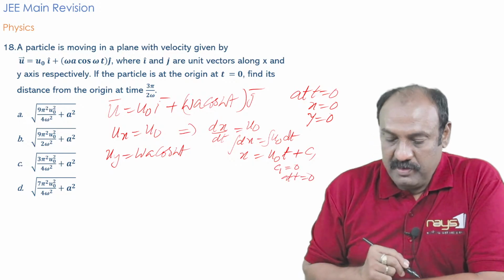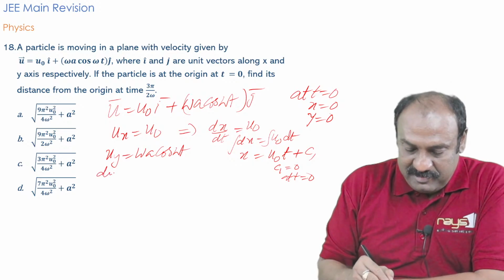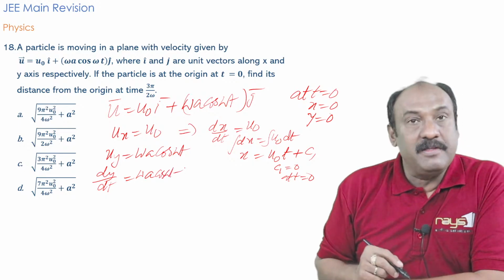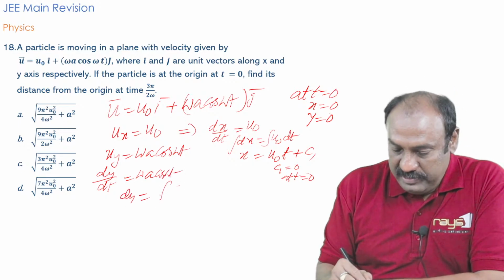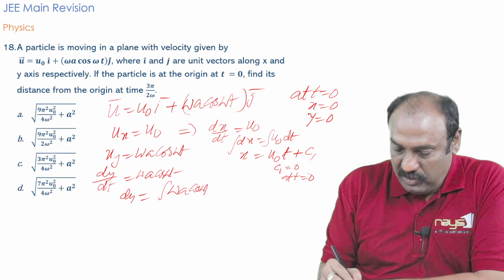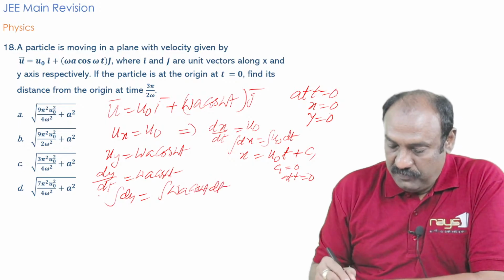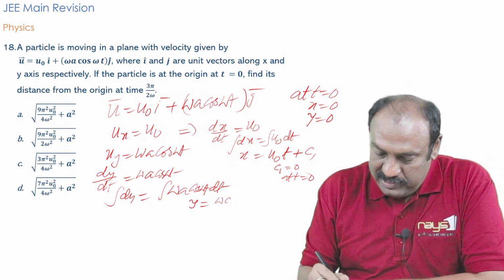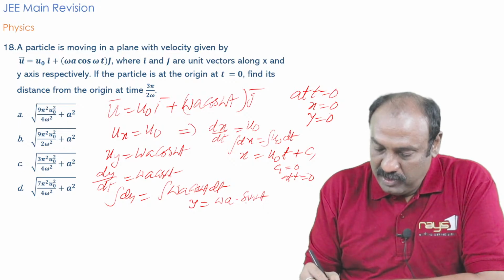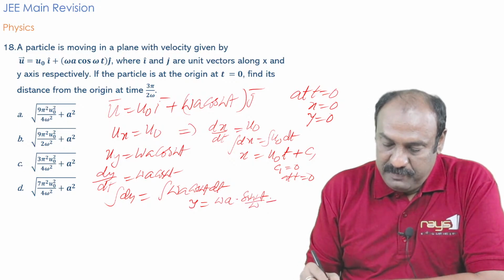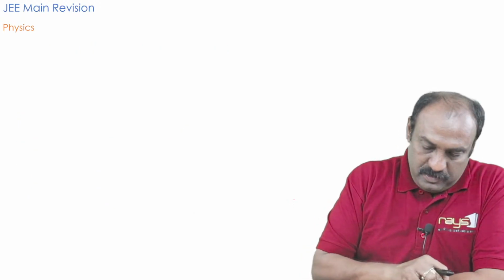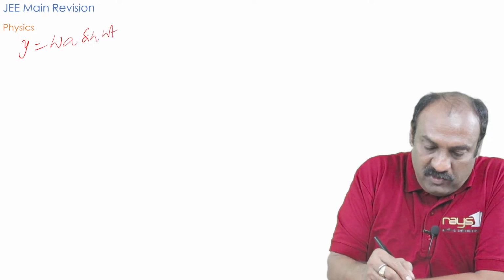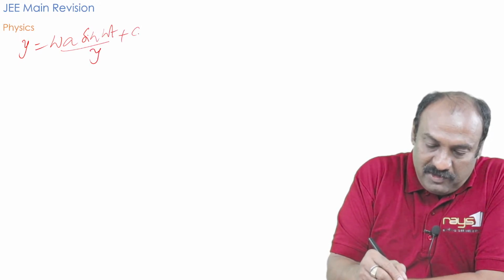In a similar way, uy can be written as dy by dt equal to omega a into cos omega t. So, dy is equal to the integral of omega a cos omega t dt. From this, y is equal to omega a into sin omega t by omega into t plus some constant c2.